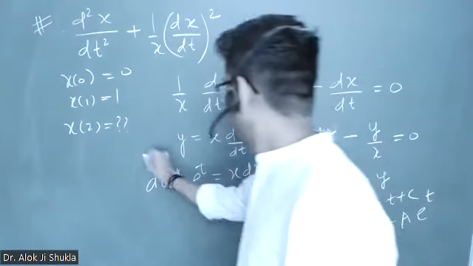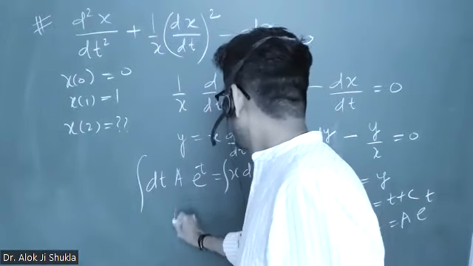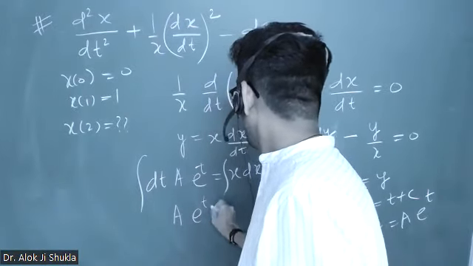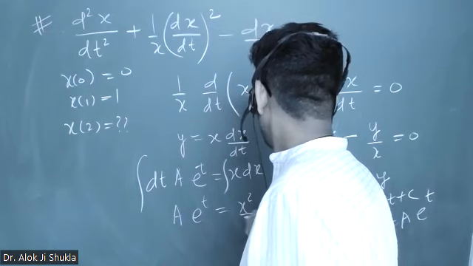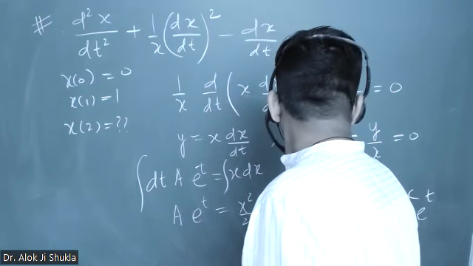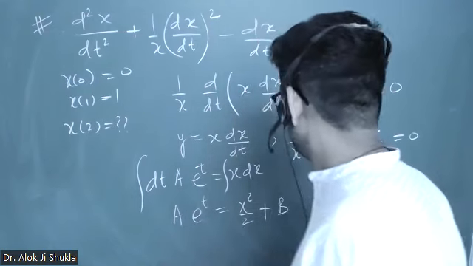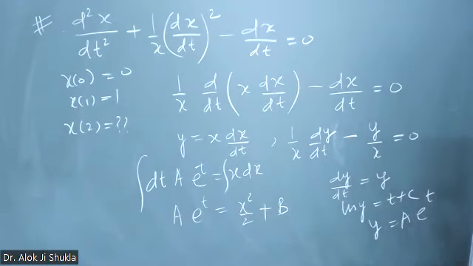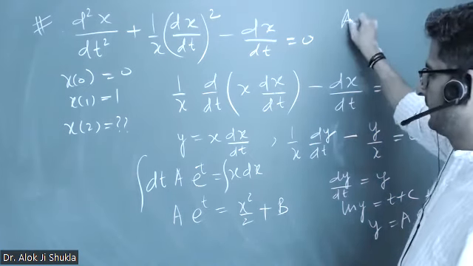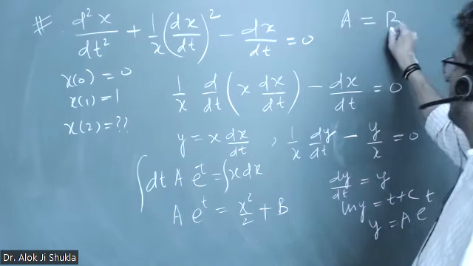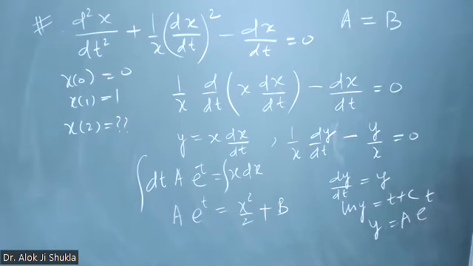So integration, it will become a e to the power t is equal to x square by 2 plus b. x0 is 0. So a is equal to b, पहले वाले से.